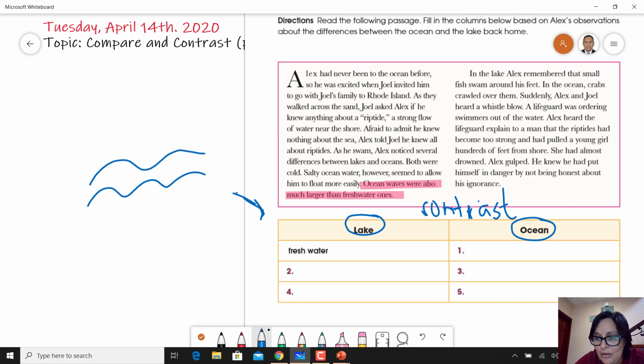So let's write in the ocean, larger waves. So if the ocean has larger waves, how are the waves of the lake? Okay, answer by yourself. And let's find another one.